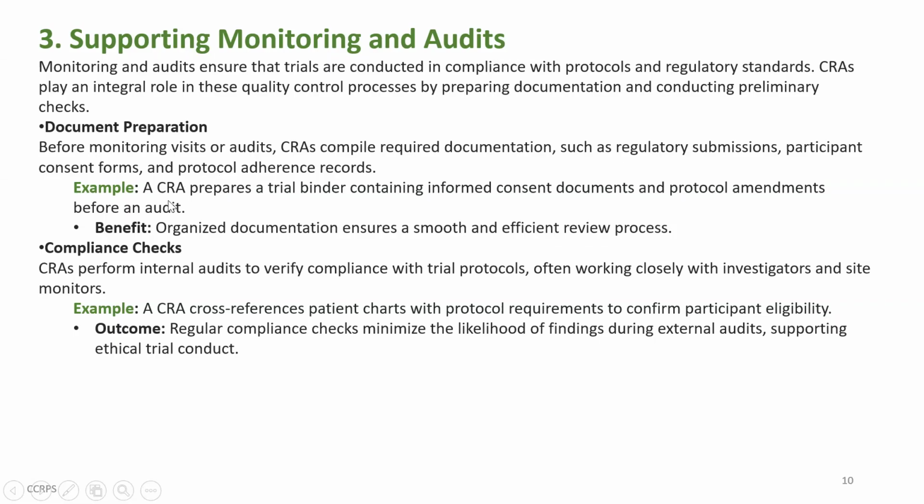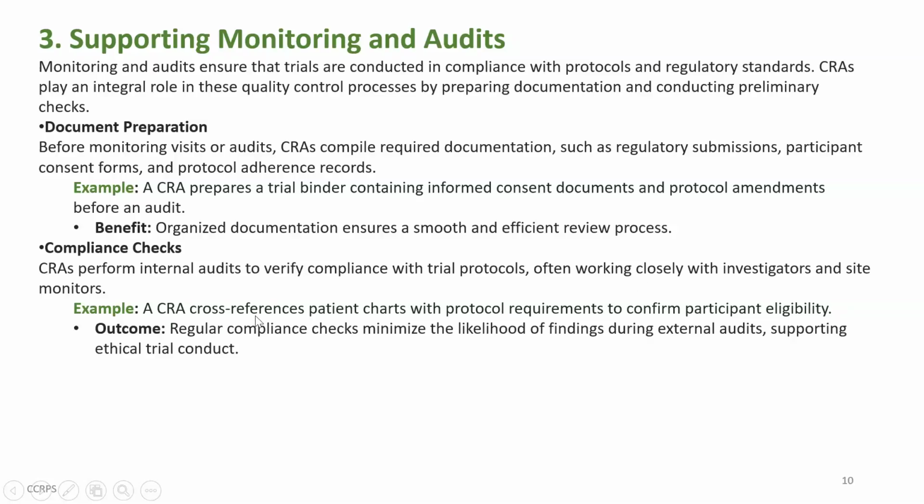Example: a CRA prepares a trial binder containing informed consent documents and protocol amendments before an audit. Benefit: organized documentation ensures a smooth and efficient review process. Compliance checks: CRAs perform internal audits to verify compliance with trial protocols, often working closely with investigators and site monitors.